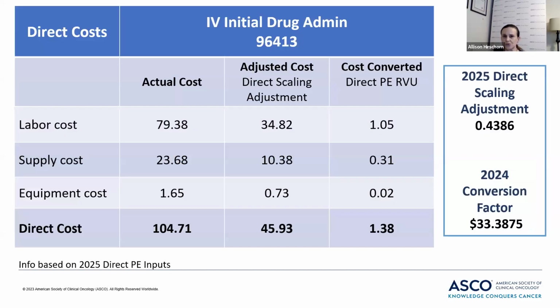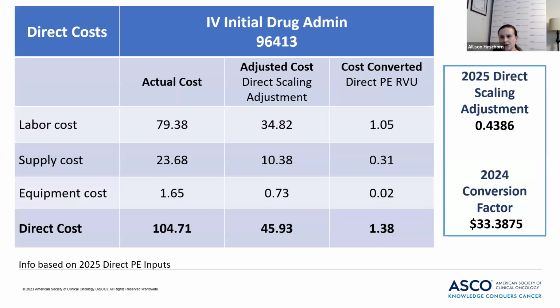So using 96413 as an example, a direct scaling adjustment is applied against the actual costs of the equipment, which are listed in the first column, using the 2025 direct scaling adjustment. Now, this is a budget neutrality mechanism to convert the actual cost to an adjusted cost.